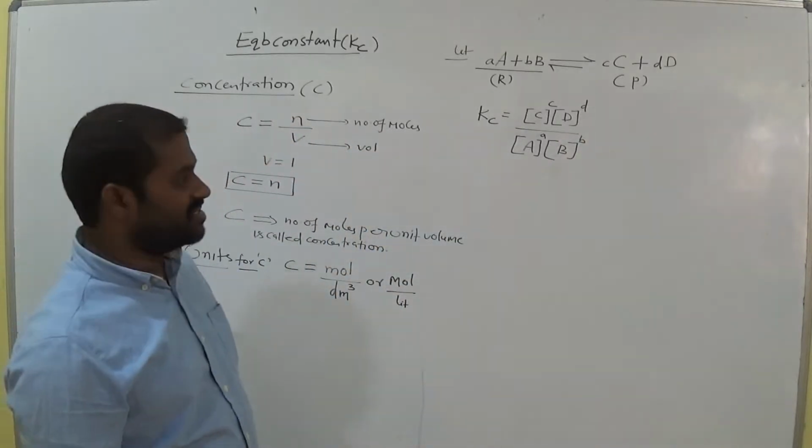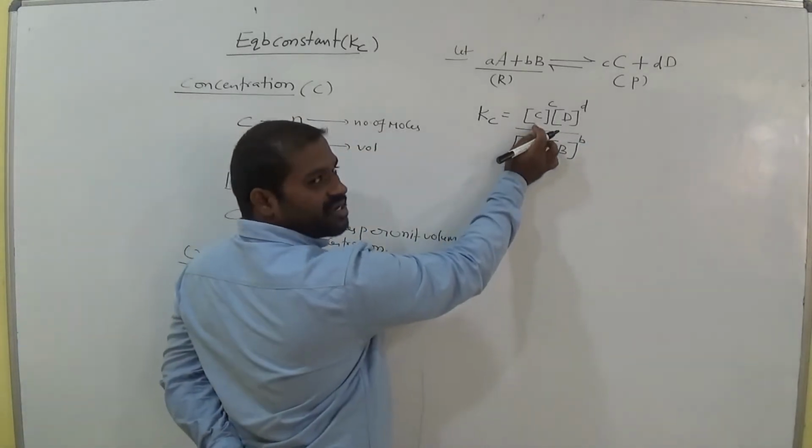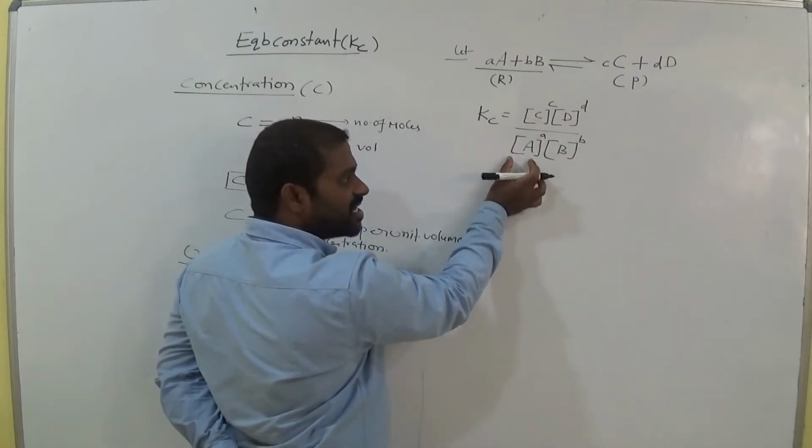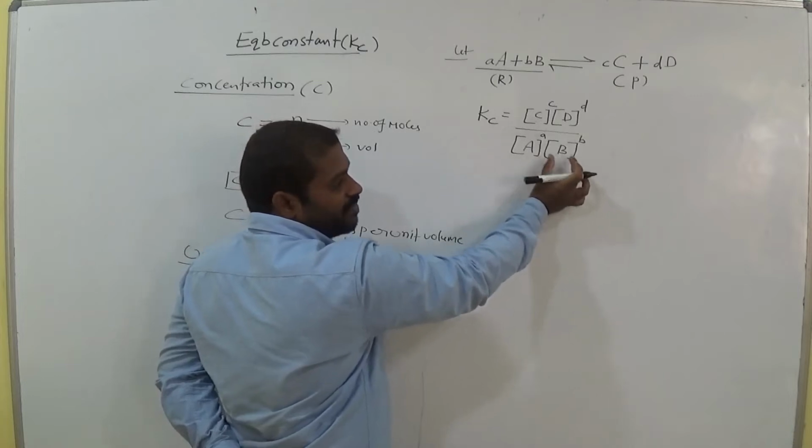This is the expression where this one is called concentration of C, this one concentration of D, this one concentration of A, and concentration of B.